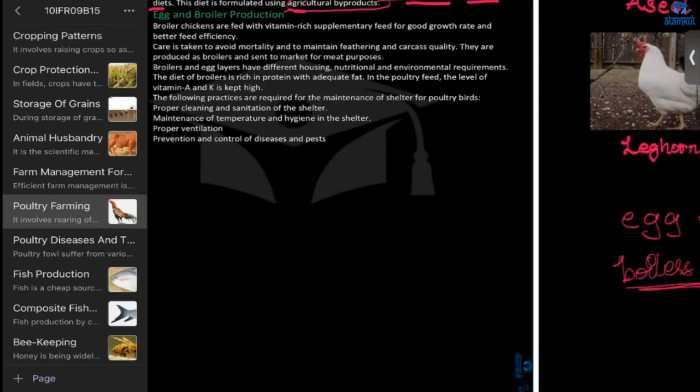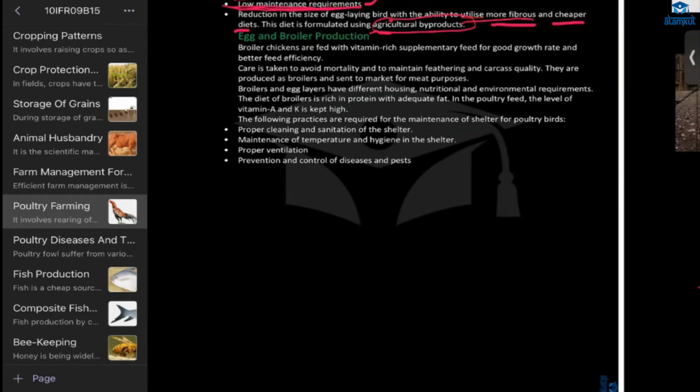And for maintenance, what all things are required? Proper cleaning and sanitation of shelters, then maintenance of temperature and hygiene in the shelter, then proper ventilation, the air should be coming in properly, then prevention and control of disease and pest.